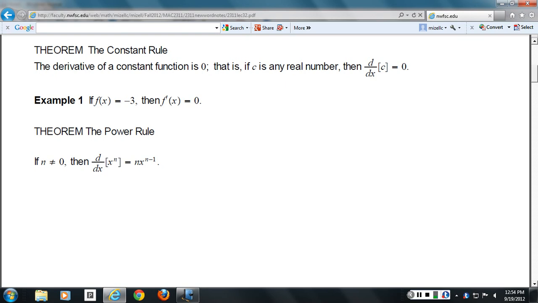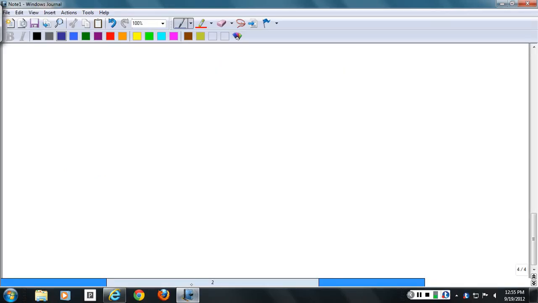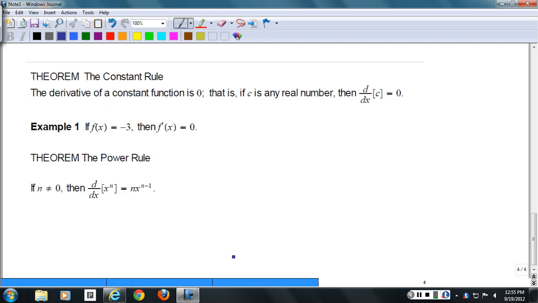This one hopefully is intuitively clear because of the nature of the graph of a constant function. If we've got a constant function f of x equals c, so there's the x-axis, there's the y-axis, there's the point 0, c, and here is f of x equals c.